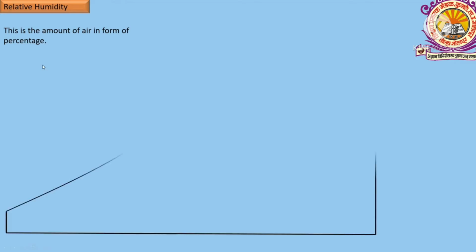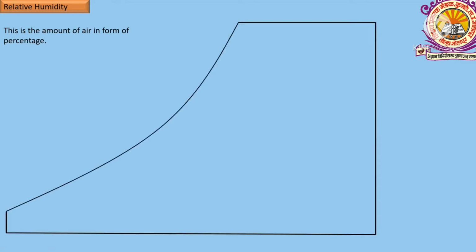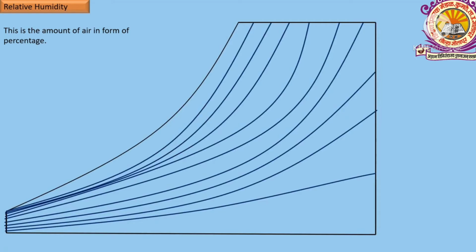Okay. Now we will move to the next property, that is relative humidity. This is the amount of water vapor content in the air, given in the form of percentage. On this psychrometric chart, these curves are the constant relative humidity lines, from 100%, 90%, 80%, 70%.